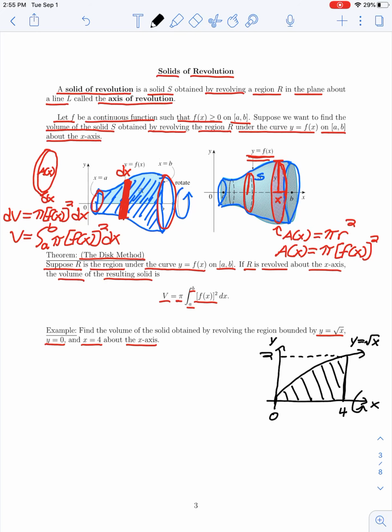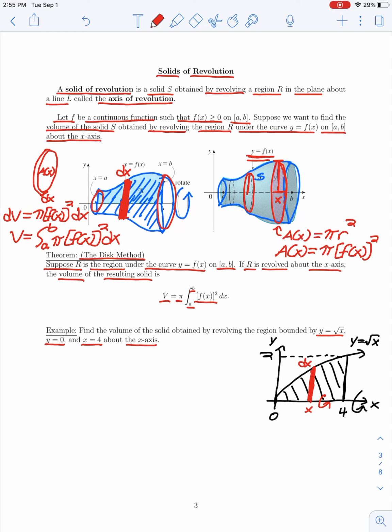So to do this, let's think about sketching in a little representative slice or cross-section of my solid at a point x within my interval of thin width dx. And we see that if we were to revolve that slice around the x-axis, I would have a disk.